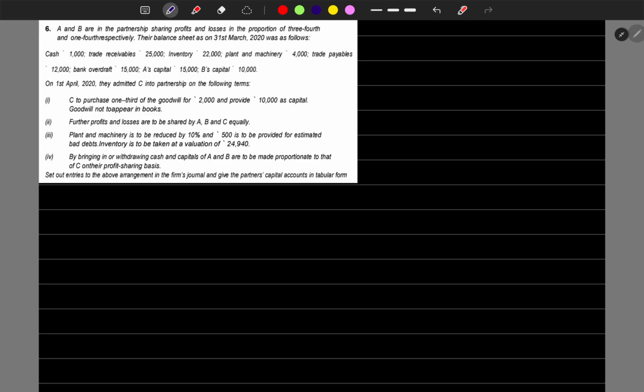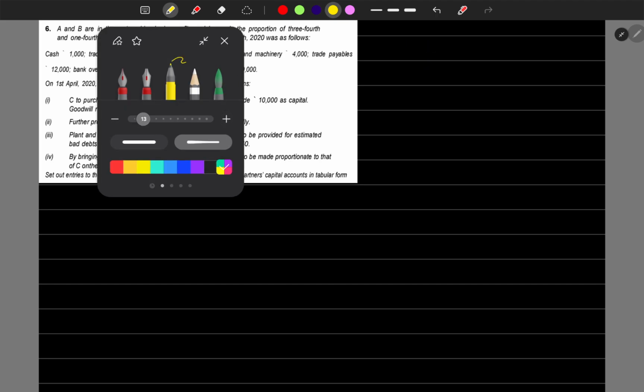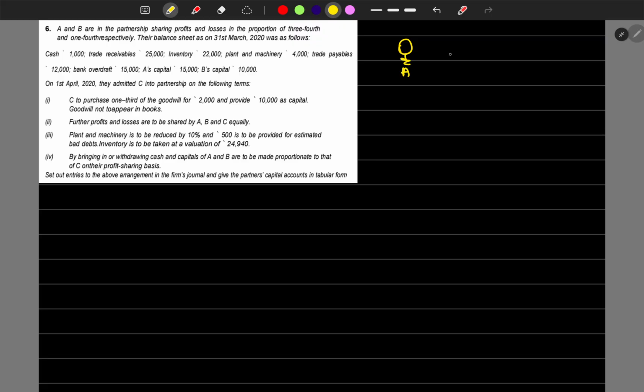A and B are in a partnership. The old PSR is 1/3, new PSR 1/4.